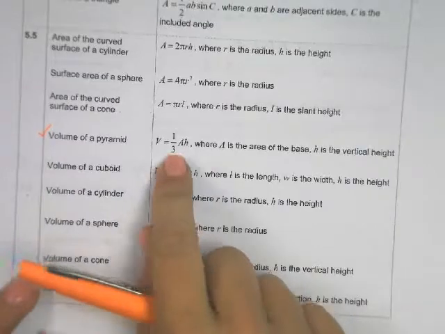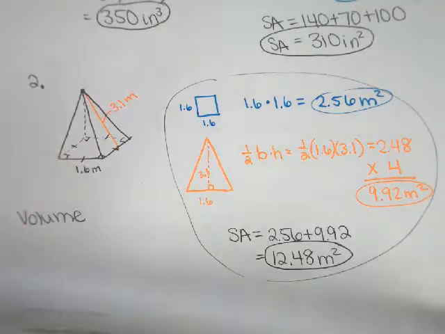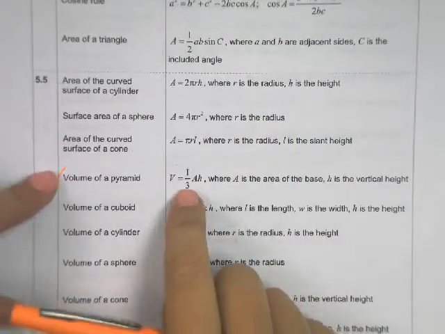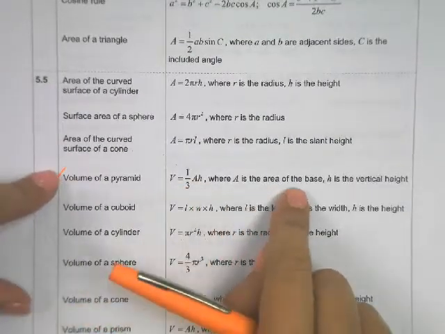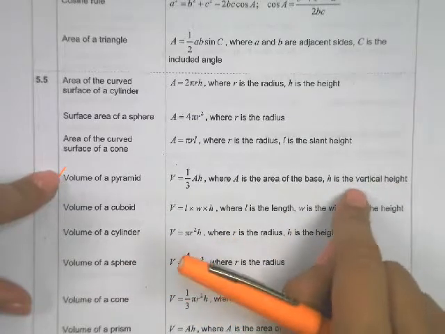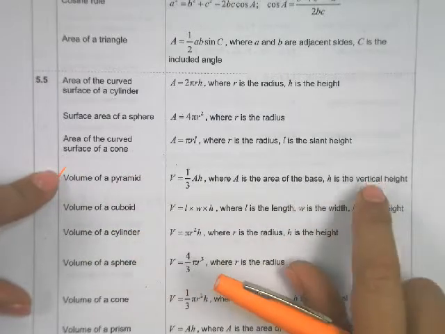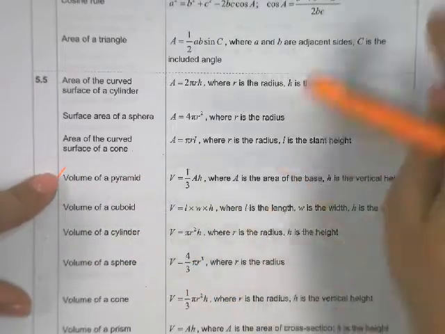Okay. So we can read what it says. It says the volume of a pyramid, which is what this is, is 1/3 A times H, where A is the area of the base, H is the vertical height. Vertical height. Now notice there's another one that says slant height. So vertical height versus slant height.